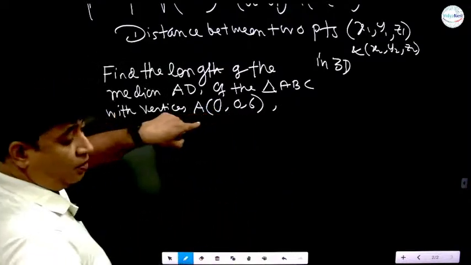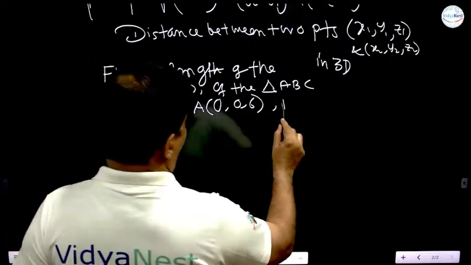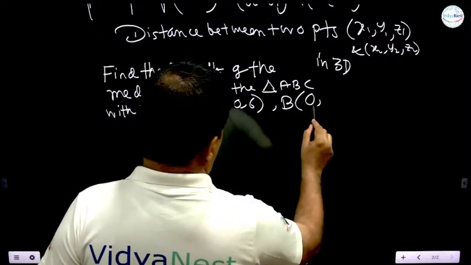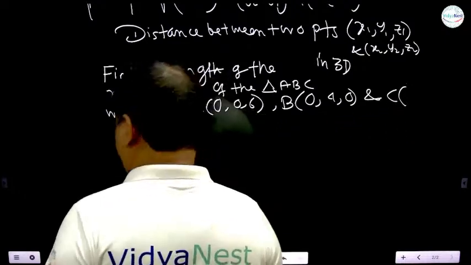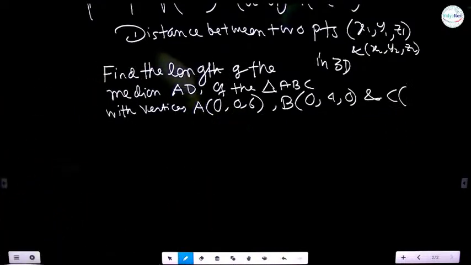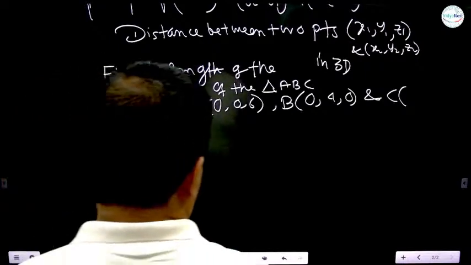This indicates the coordinate. B (0, 4, 0) and C (6, 0, 0).